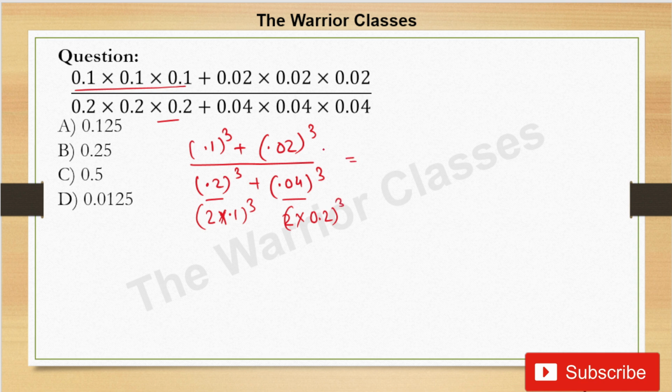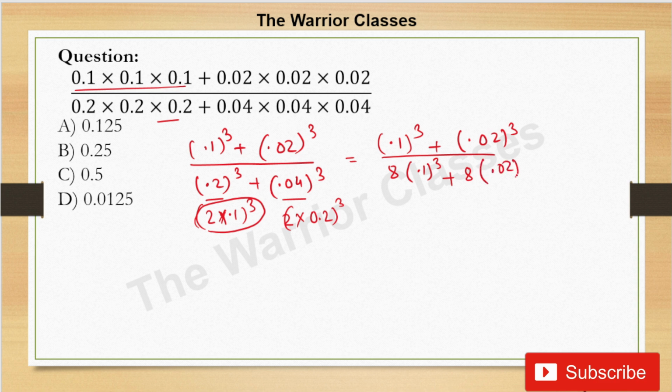Now we'll write this expression here: the numerator is 0.1 cubed plus 0.02 cubed, and in the denominator we can write 2 cubed is 8 multiplied by 0.1 cubed, plus 2 cubed is 8 multiplied by 0.02 cubed.